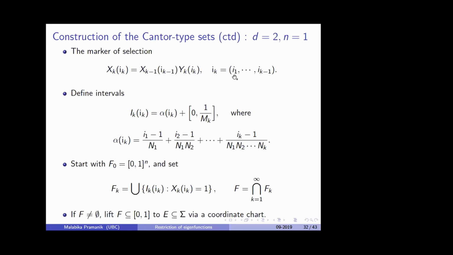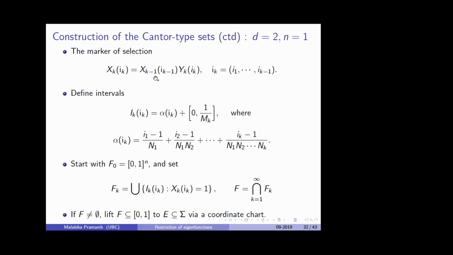The first entry, little i1, signifies which of the N1 first level intervals you are in. Once i1 is fixed, i2 tells you which one of its N2 children is being considered, and so on. For each multi-index i sub k, there is a binary random variable X sub k of i sub k, which if 1 signifies that this interval has been selected, and 0 if it is not.